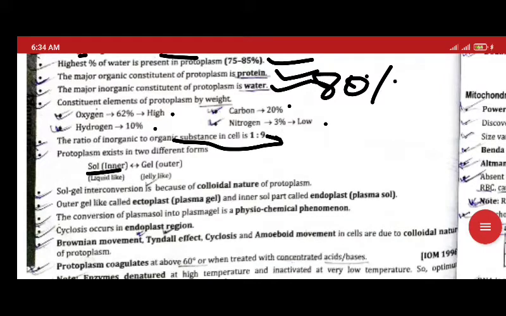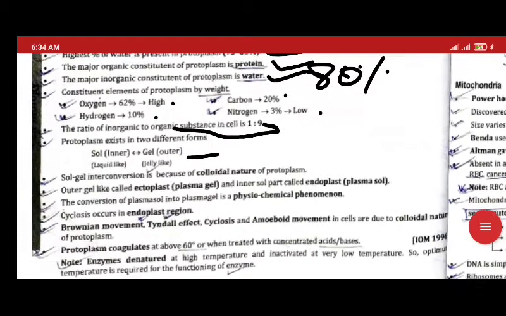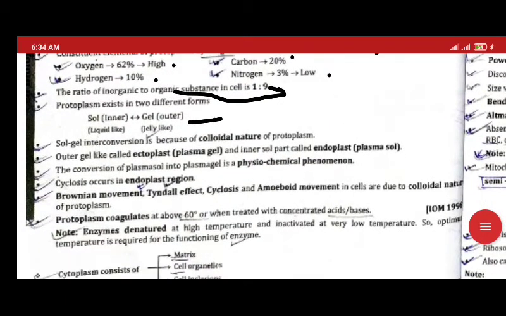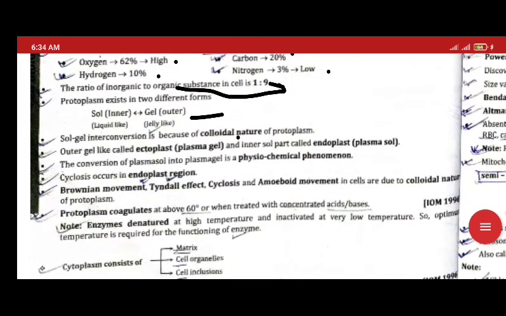Sol is like inner and gel is for outer. So gel is jelly type. Sol-gel interconversion is the colloidal nature of protoplasm, because it exists in two forms, sol and gel.